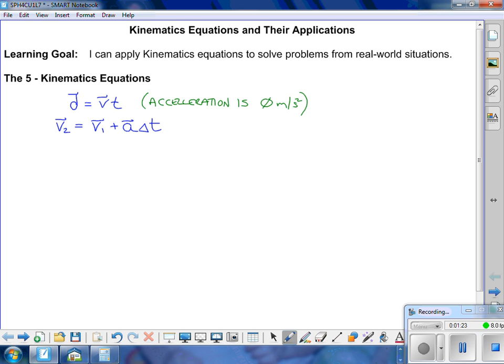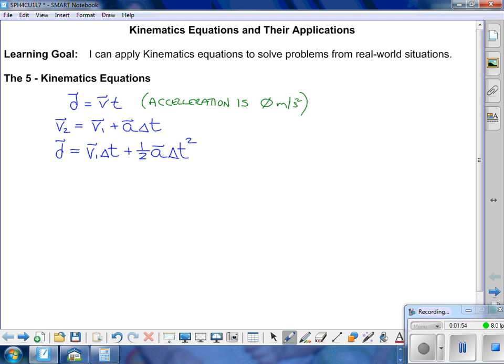All right, so all of these equations, you have to have all the values except for one. So in this equation here, there's 4 unknowns. You have to know at least 3 pieces of information to use the equation. Okay. The next equation, let's go with d, displacement, equals your initial velocity times time plus half your acceleration times time squared.